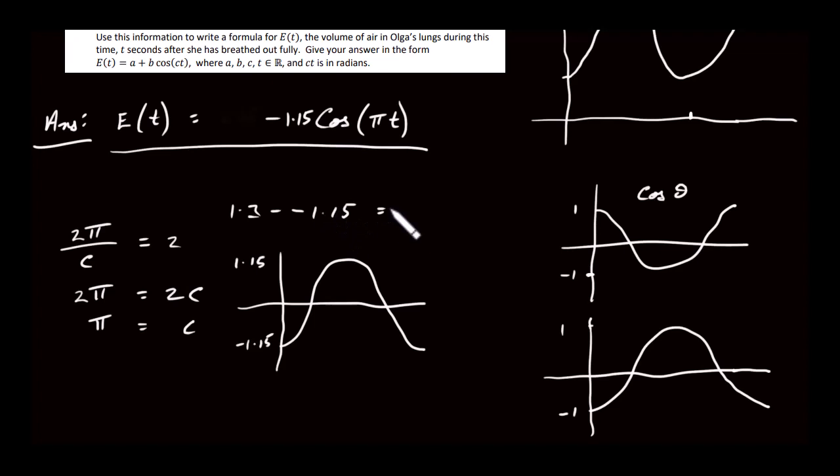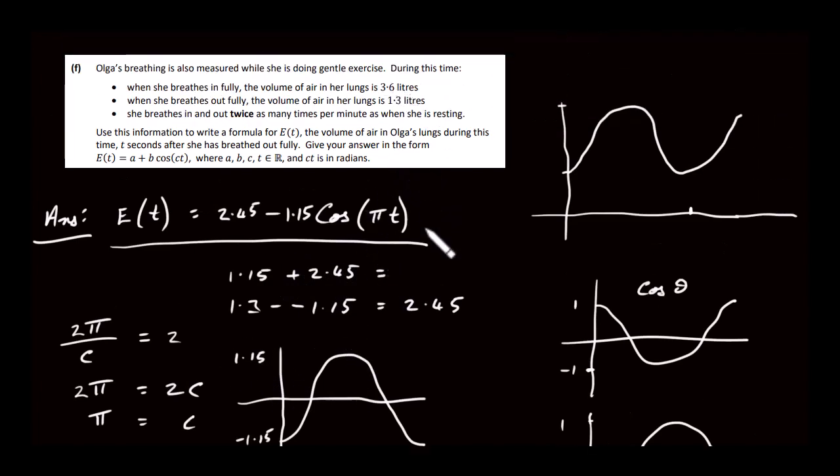If you do that on your calculator, 1.3 plus 1.15 gives you 2.45. So that would suggest that A is 2.45. You can check that by adding 2.45 to 1.15. Do we get 3.6?